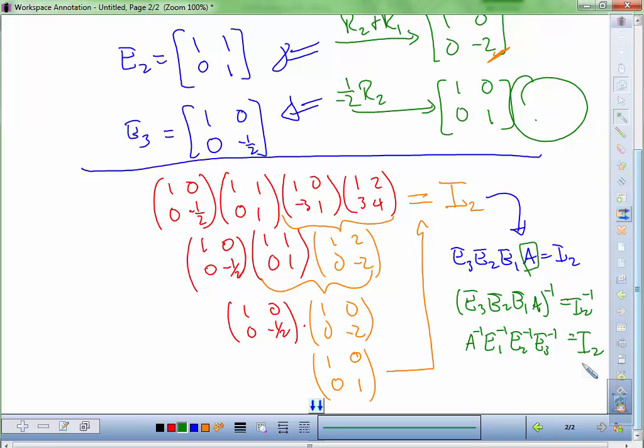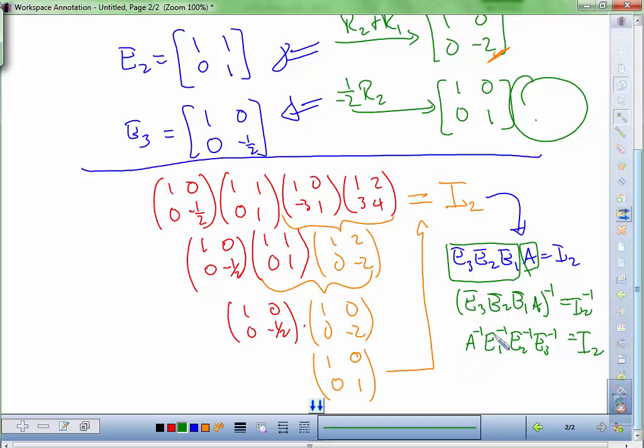Oh yeah, I guess so. That was even better. I wanted to use the inverse of products rule. Hal said this thing altogether is the inverse of A, since that is equal to identity, and that is absolutely correct. But I wanted to take the inverse of both sides and then do this distribution.